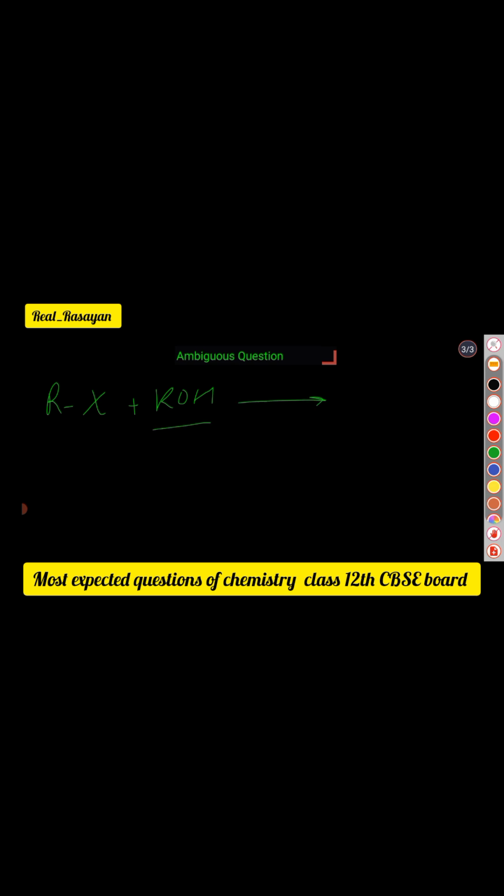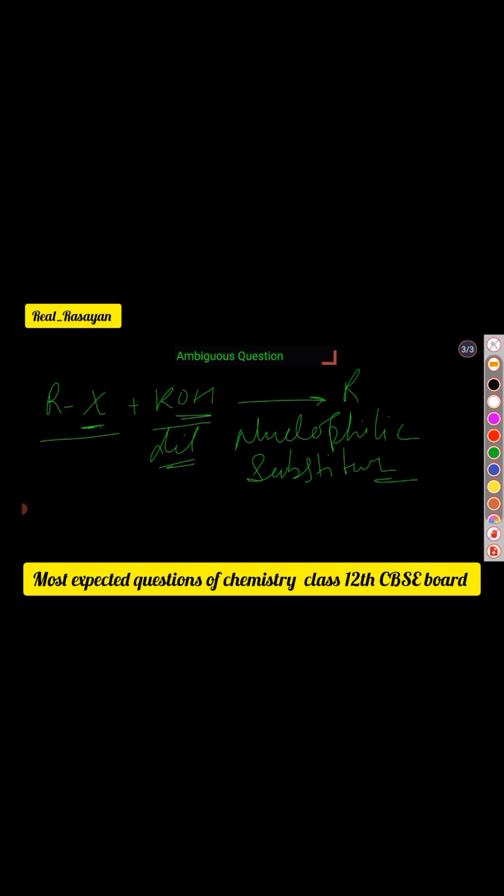If normal potassium hydroxide is taken, then this reaction follows nucleophilic displacement or substitution, where X will be displaced by OH and potassium combines with X. Let us have an example.